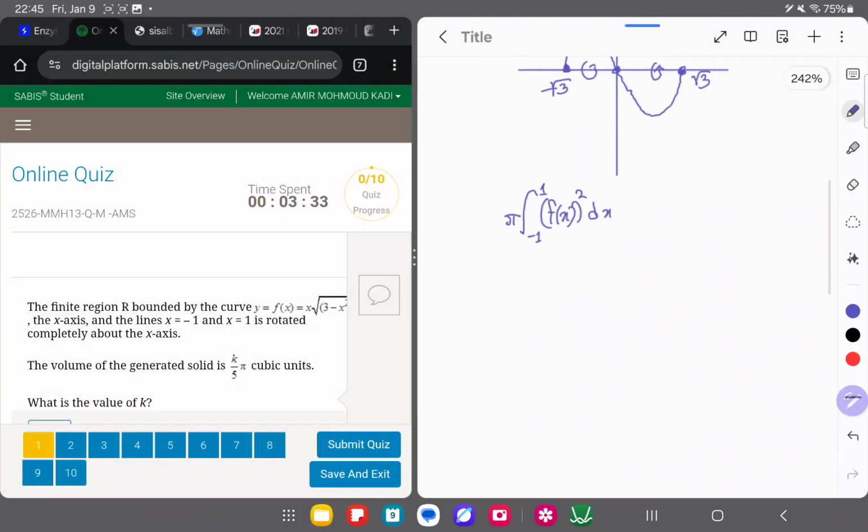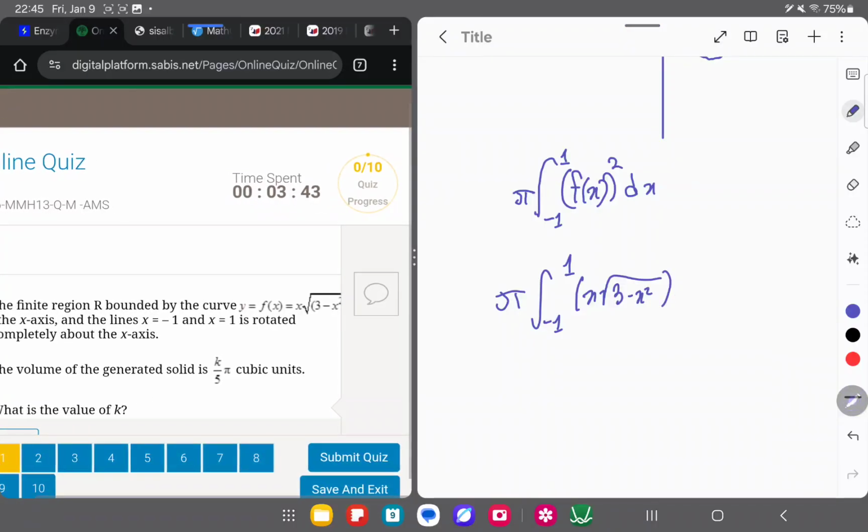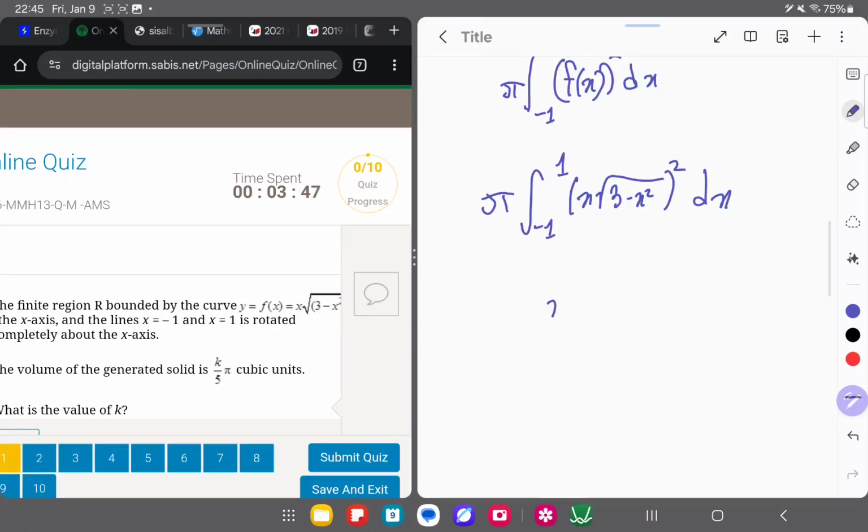Let me just give more space. Pi, integral from minus 1 to 1, of x times the square root of 3 minus x squared, squared, dx. Now, first I'll square everything to get this.